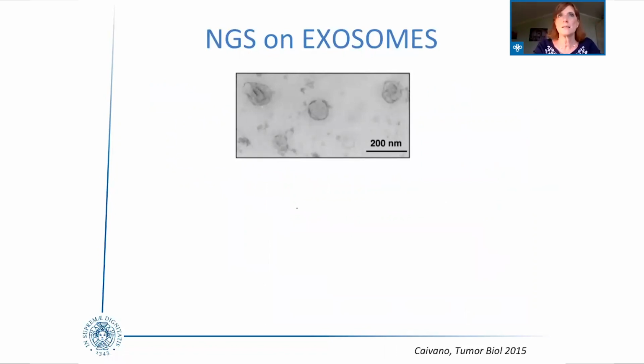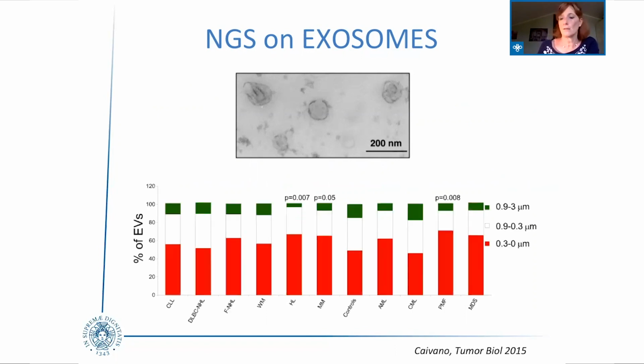Exosomes are extracellular vesicles useful for understanding the dissemination of solid cancers, but exosomes are also produced by hematological diseases, such as chronic lymphocytic leukemia, myeloma, or non-Hodgkin lymphomas.